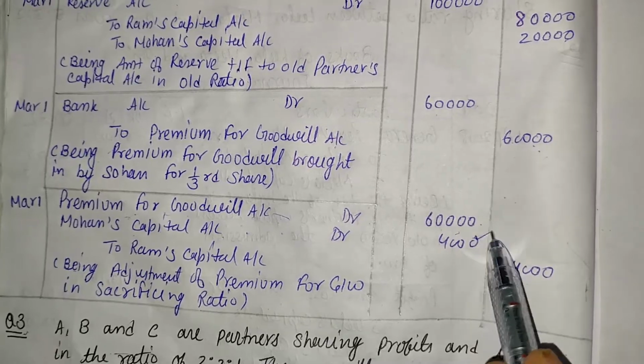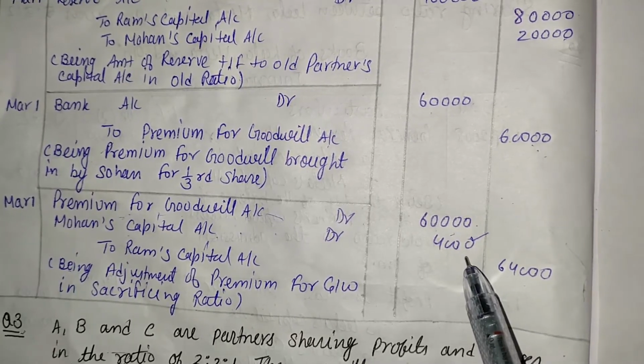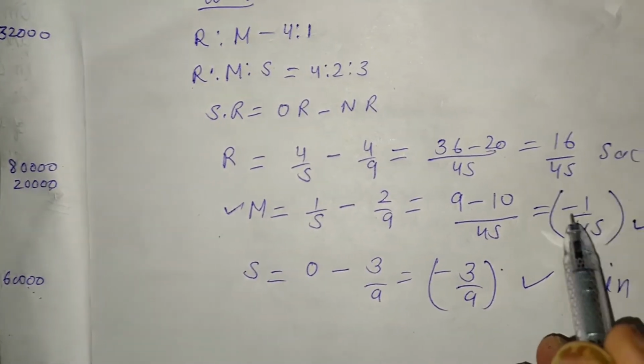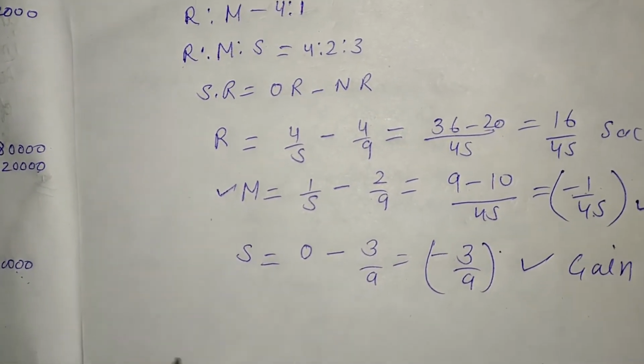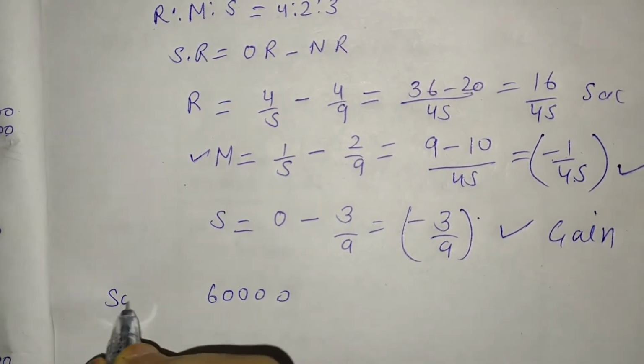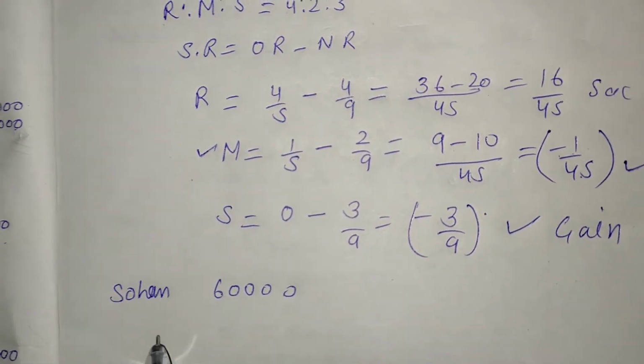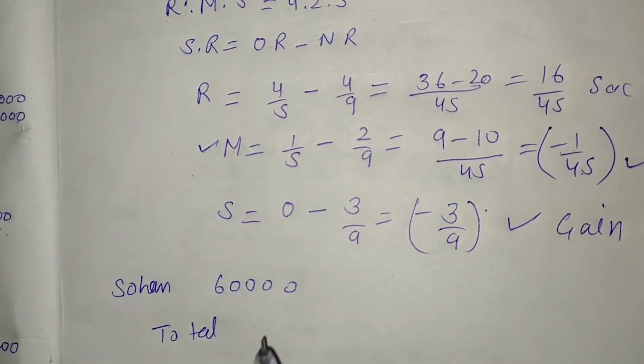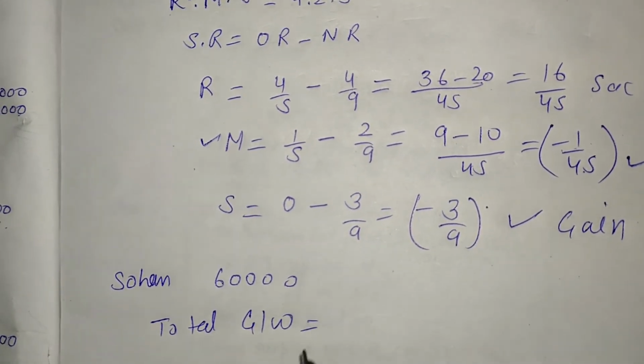And how can we find the amount? Rupees 4,000. Here the working note is minus 1/45. Goodwill is given in the question, that is 60,000, the new partner's goodwill. And who is the new partner? That is Sohan. We can calculate the total goodwill. What is the formula of total goodwill?